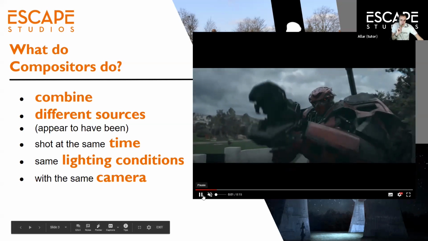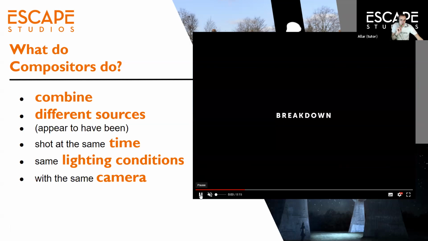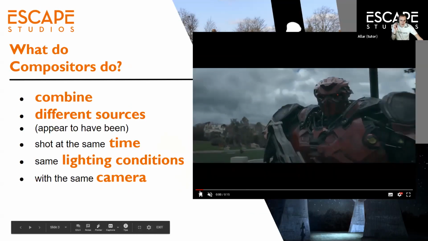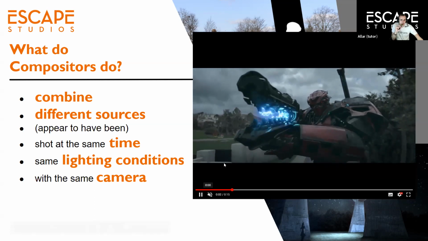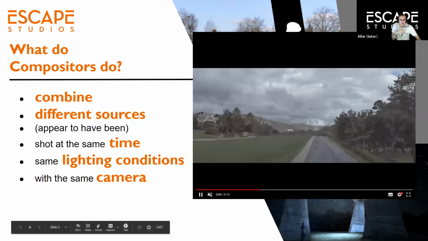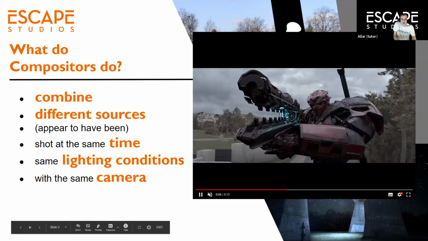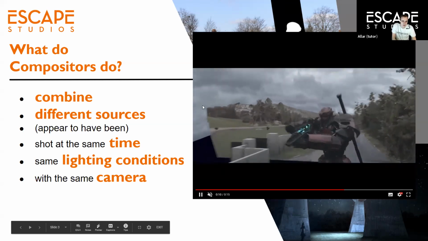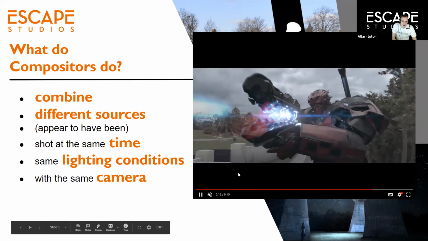So for example, in this shot, you can see a robot shoots us, but when you actually look at it, none of this is real. This is from one of our students' work.